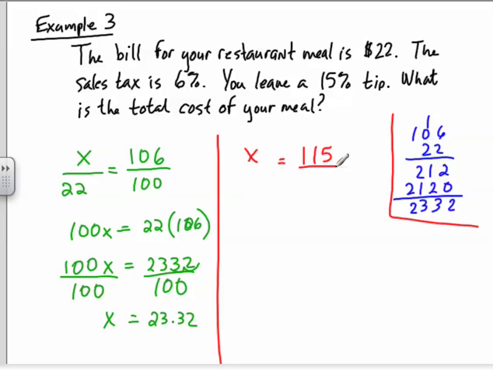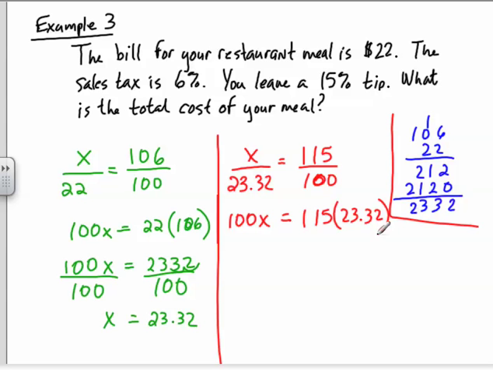That means all of 2332 plus 15% more, right, of $23.32. Now it's going to take some math here. 100 times x is 100x, and that equals 115 times 2332. All right, now I'm going to extend the page here just a bit.